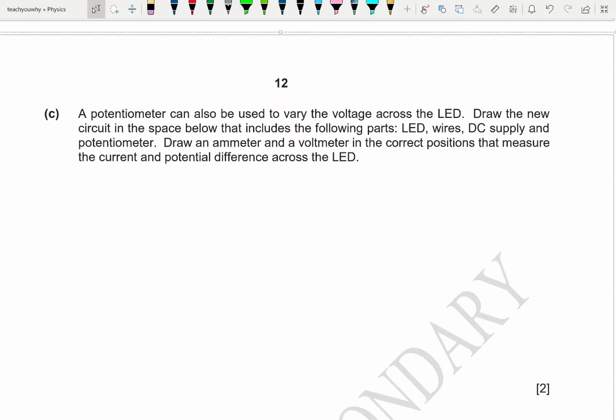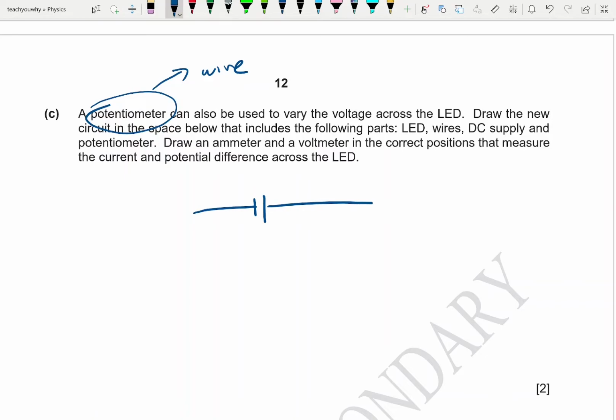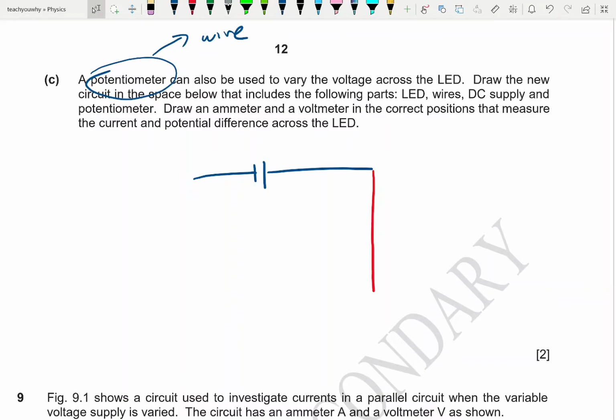Okay, and let's see how you draw it. So we have a DC circuit. As usual, you have your battery. Okay, I will draw the potentiometer, and then what we're going to do is we will draw the LED.